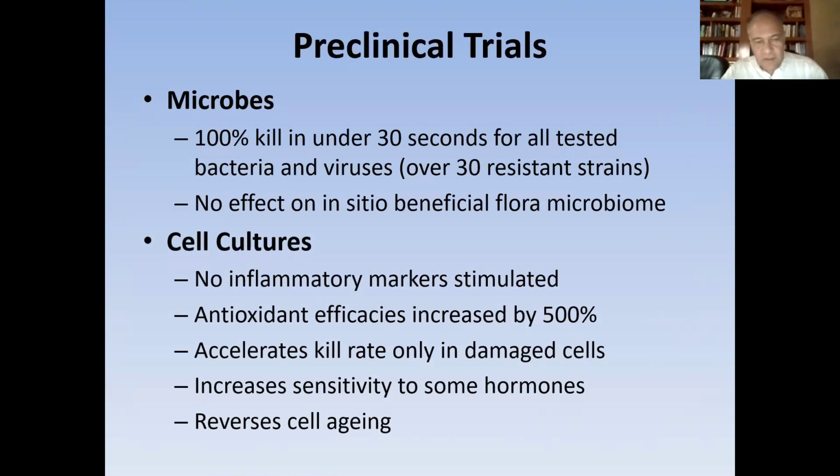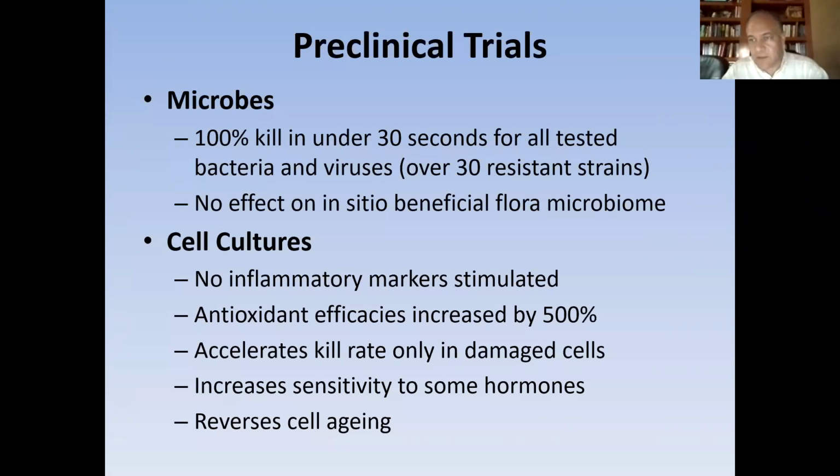Cell cultures then were given large amounts of these redox signaling molecules, the balanced redox signaling molecules. No inflammation was seen. Antioxidant efficacy increased dramatically. Only damaged cells were killed.